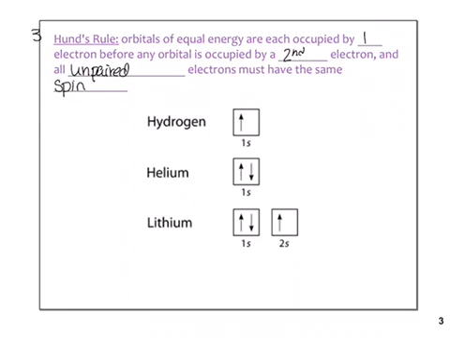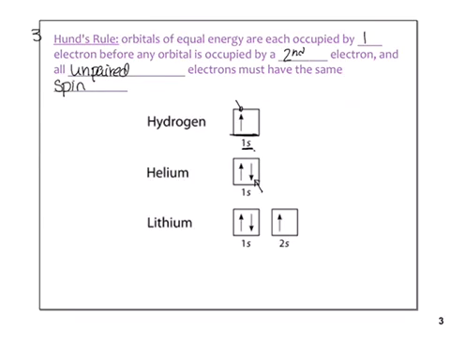So for example, hydrogen has 1 electron, so we have it in the 1s orbital, and we represent it with 1 arrow. Helium has 2 electrons, so we put them in the 1s as well. And notice now that it has the down arrow representing that second electron for helium.